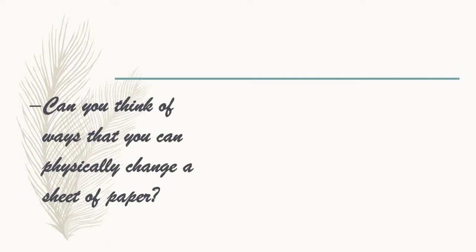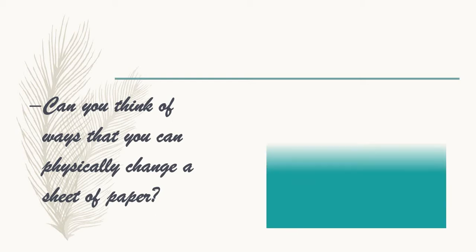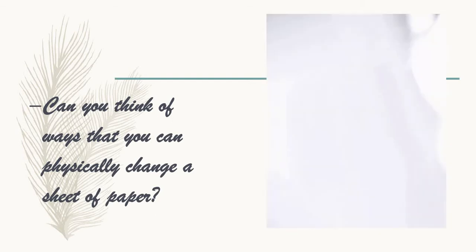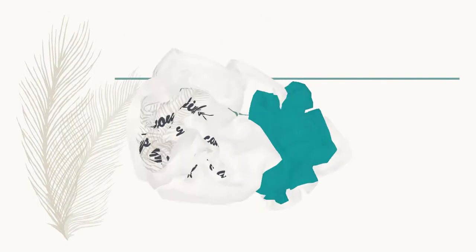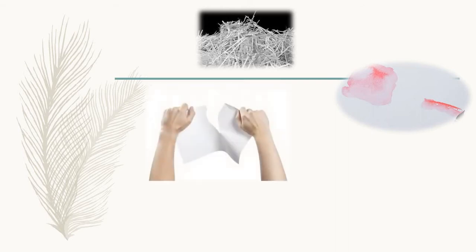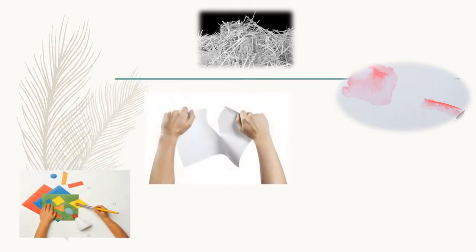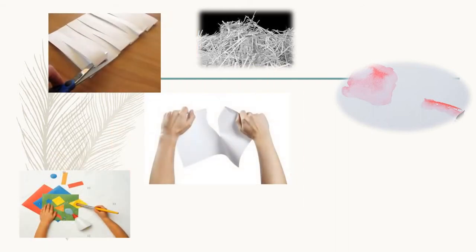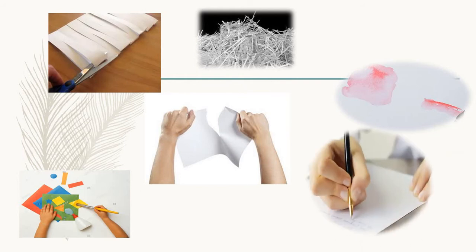Can you think of ways that you can physically change a sheet of paper? Very good. So we can shred the paper, we can paint, we can tear, we can paste, we can cut, and we can write.